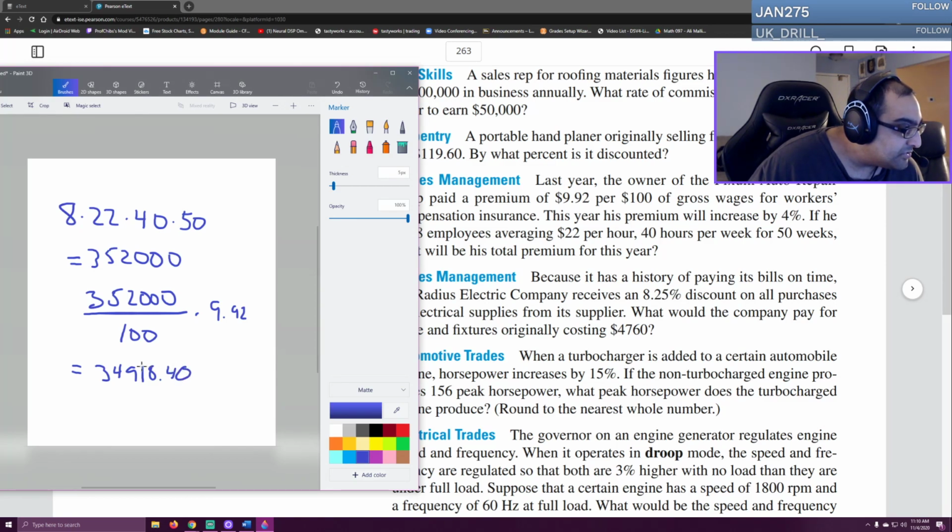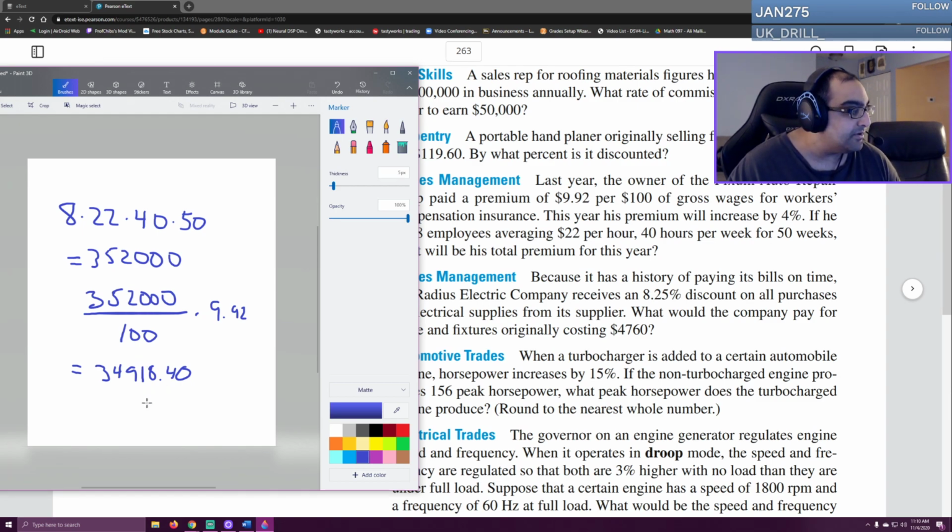So now from this $34,918.40, his premium will increase another 4% from the previous year.